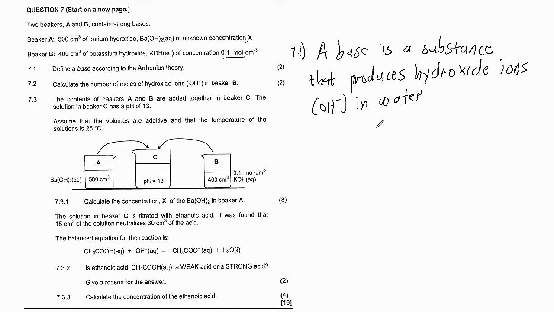Right, so there goes our definition for a base. We say a base is a substance that produces hydroxide ions in water. Now 7.2 says calculate the number of moles of hydroxide ions OH⁻ in beaker B.